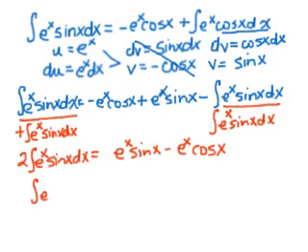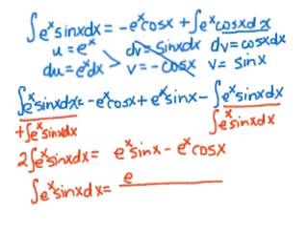So let's divide by 2, like this. Put the whole thing over 2. And because this is an indefinite integral, I don't have an interval on my integral, I'm going to add C. That's the basics of integration by parts.